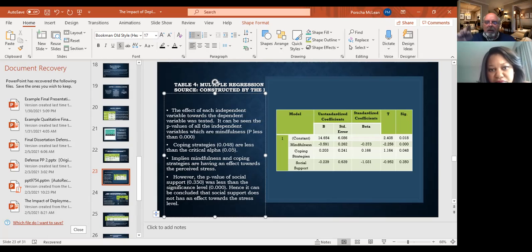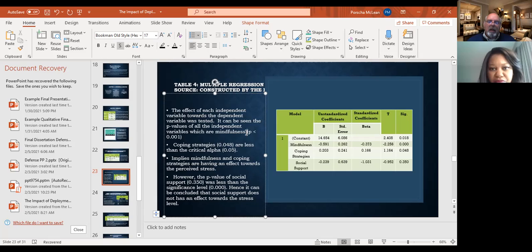You could use the symbol, the one on top of the comma. Then just put 0.001. Change that capital P to a little p, and get rid of that "less."